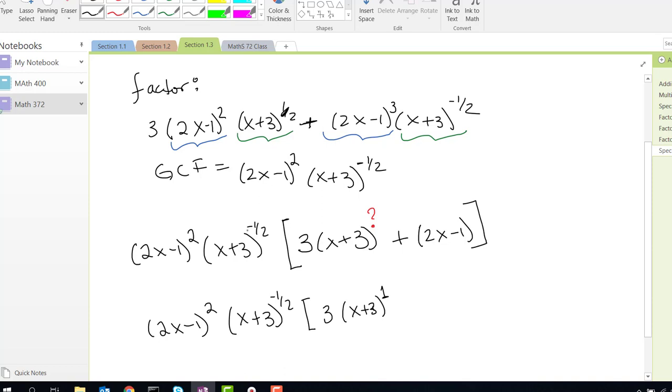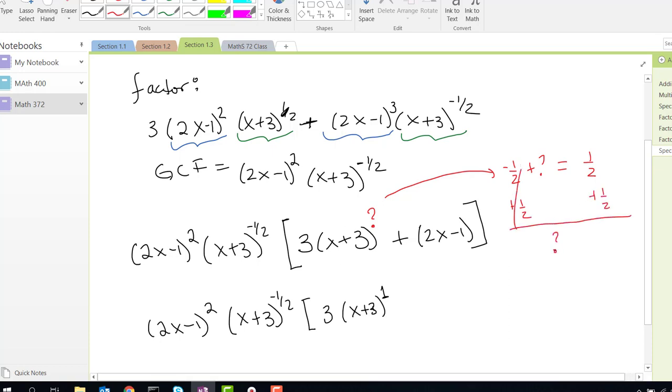So (x plus 3) to the negative 1 half times (x plus 3) to the question mark: negative 1 half plus question mark has to equal what we started with, the positive 1 half. You could even create an equation. Add 1 half to both sides, so the question mark is equal to 1 half plus 1 half, which is 1. So that's my exponent there.